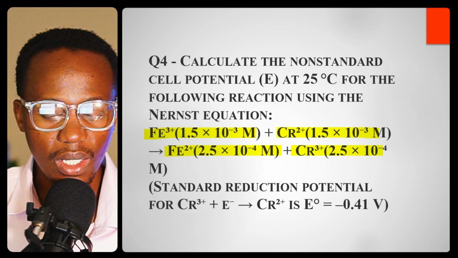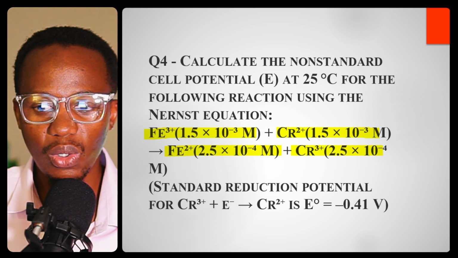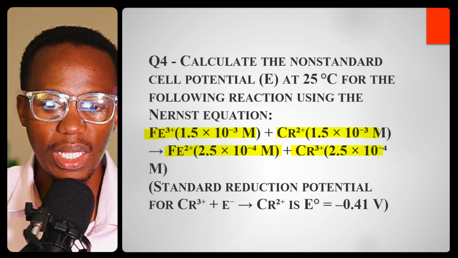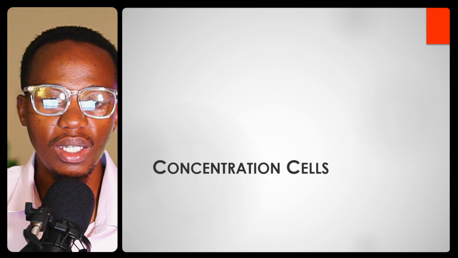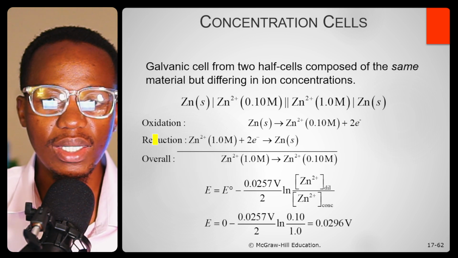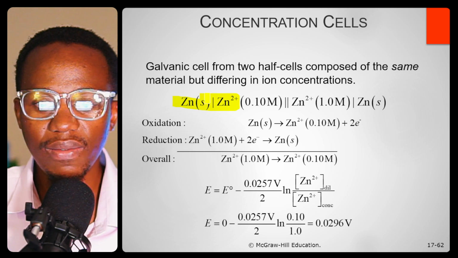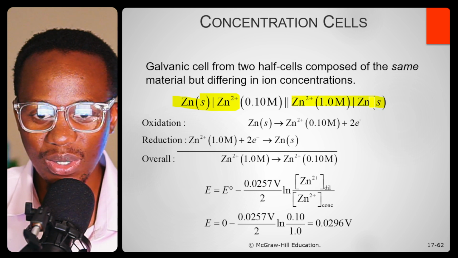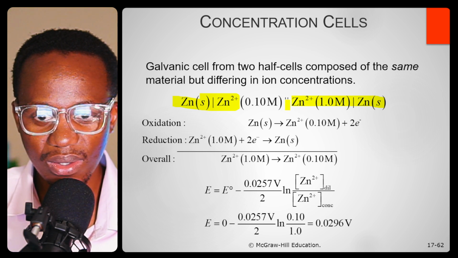Okay, all right, so there's something else in electrochemistry that's actually pretty interesting. We call it a concentration cell. A concentration cell is when you set up a reaction where you have the same chemical on either side, but just at different concentrations.